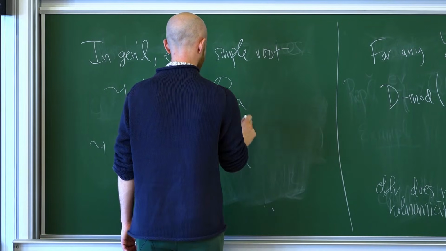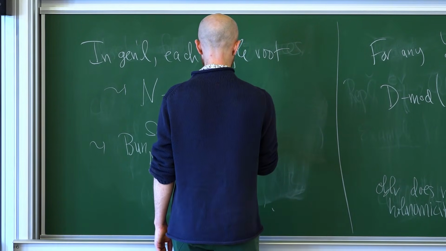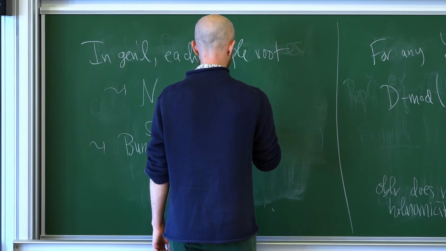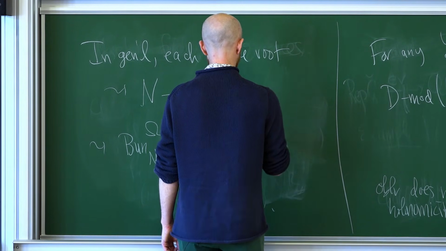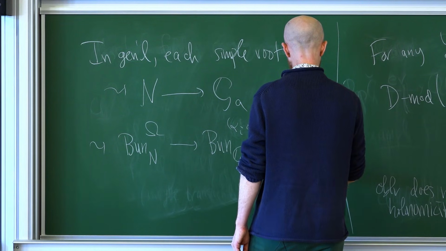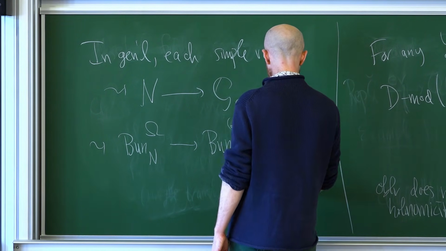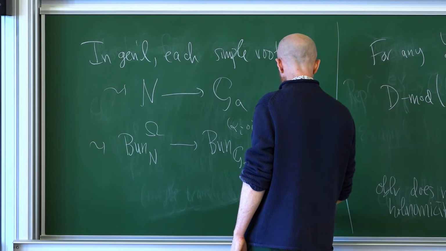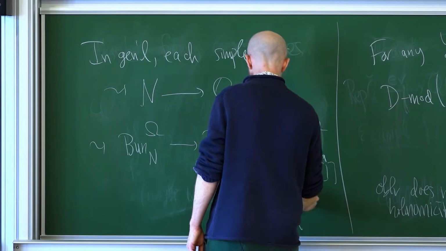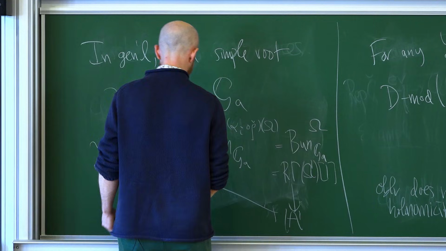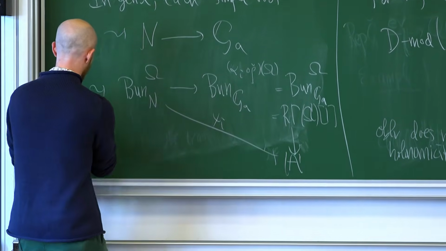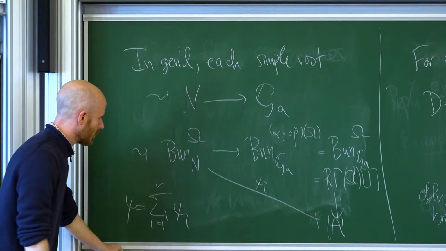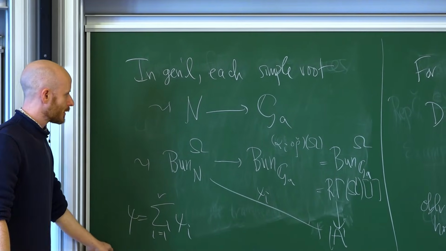And if you think what this twist is, it's alpha i composed with rho check applied to omega, which is exactly this Bun GA omega, which is the same as R Gamma omega 1 with the shift by 1, which then has this character psi i down to A1. Maybe let me call this psi i. And then psi is equal to the sum of the psi i's, where I sum over all of the simple roots.